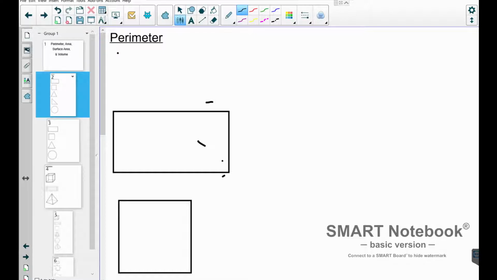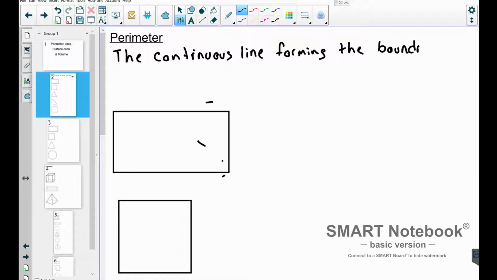Perimeter is the continuous line forming the boundary of a closed geometric figure.